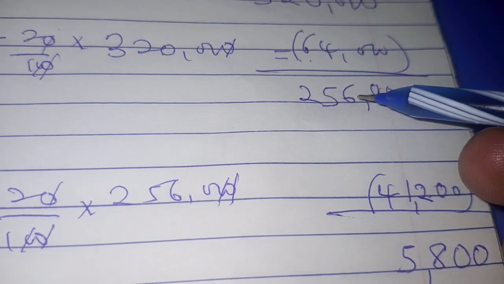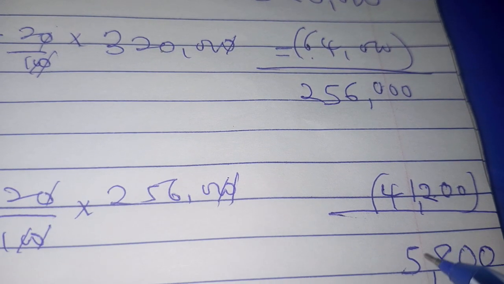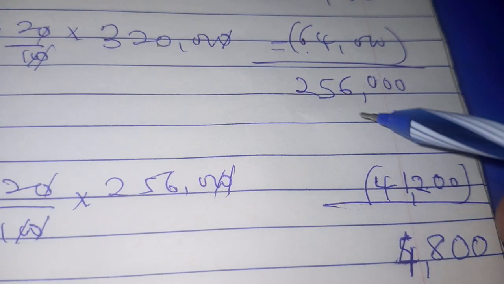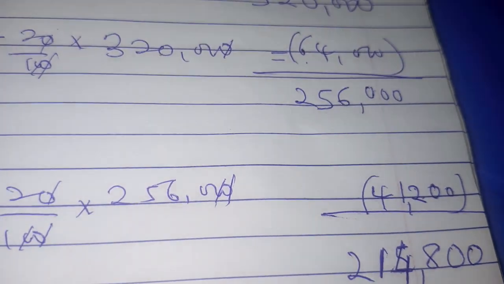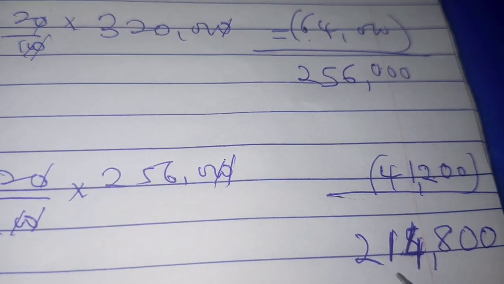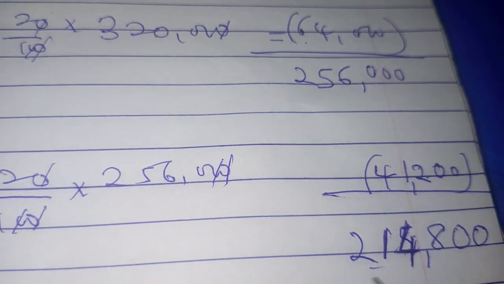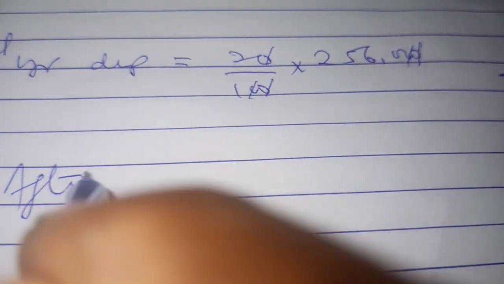Then 6 minus 1, that's 4 minus 1, that is now 4. And then we have 5 minus 4, that's 1. And then we have 2. And so the balance is 214,800.